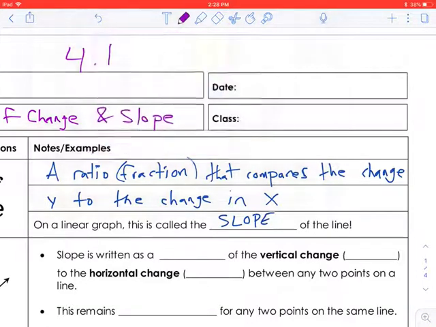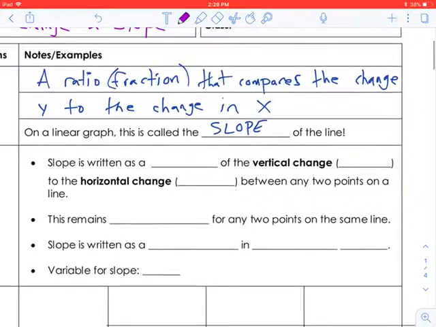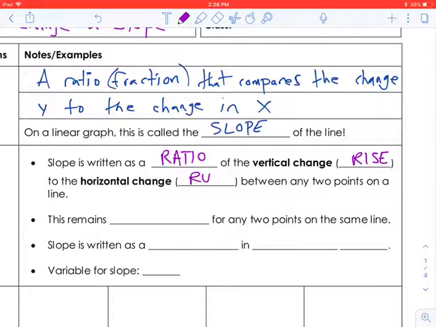So, with slope, we have the slope is written as a ratio or a fraction, again, of the vertical change, which we call the rise, over the horizontal change, which we call the run. So rise over run, I think, is something that you've probably talked about before. Okay, so this remains constant or the same throughout the entire graph.